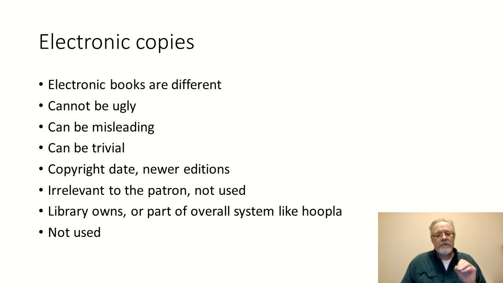And you can do this if the library owns it and it's not part of an overall system like Hoopla. If it's part of an overall system like Hoopla, then you have to actually talk to the company that owns it, and you can't do anything more than let them know about the information being changed or something. But you can't effectively change it yourself.